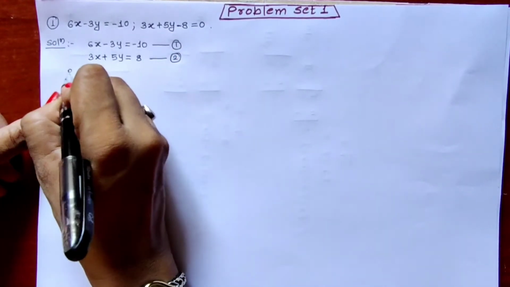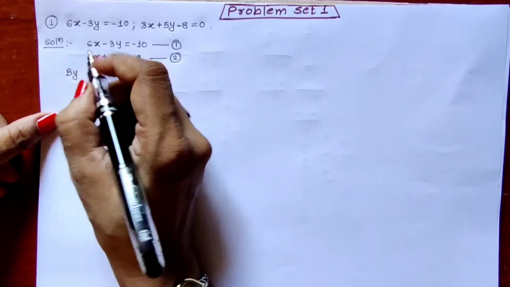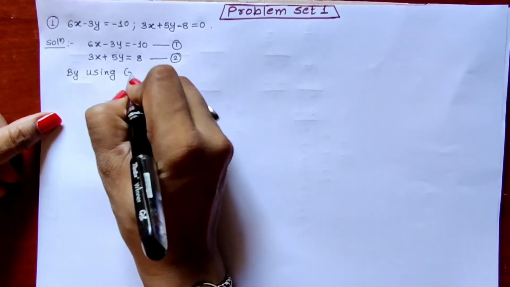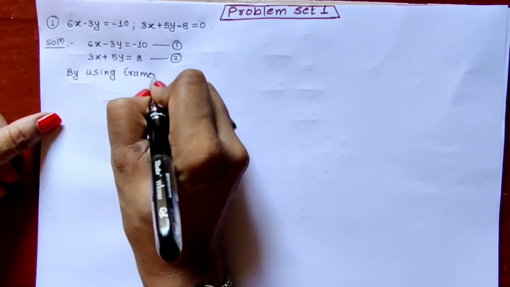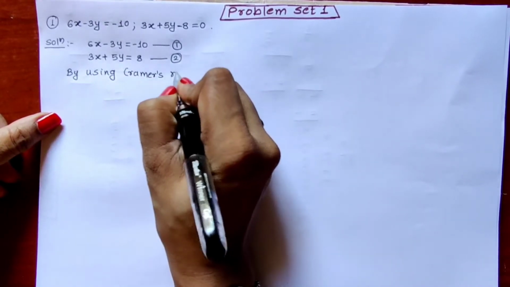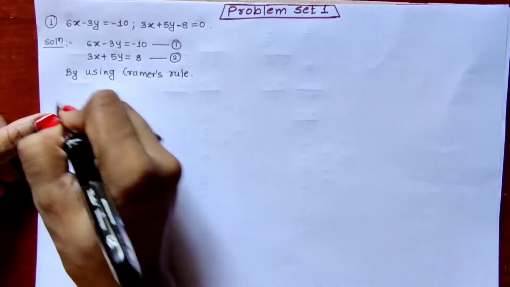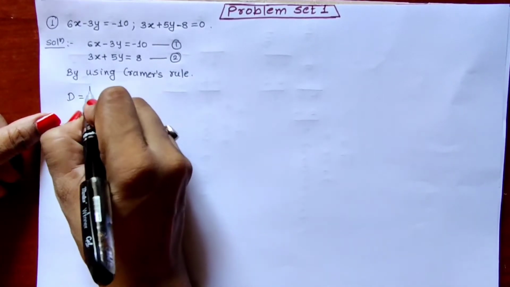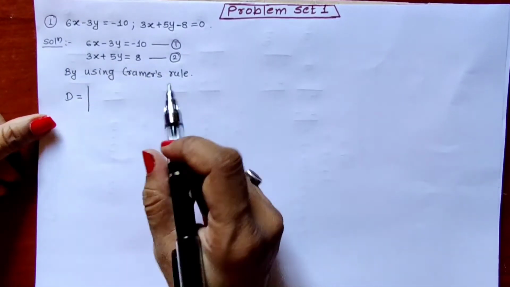Now what should be written by using Cramer's rule or Cramer's method? By using Cramer's rule. So for first we have to write determinant D is equal to, what should be written in the determinant D?